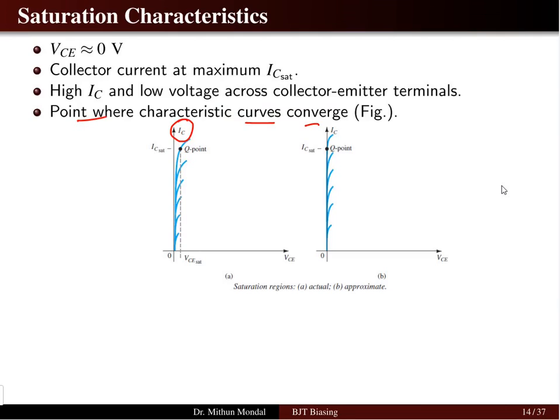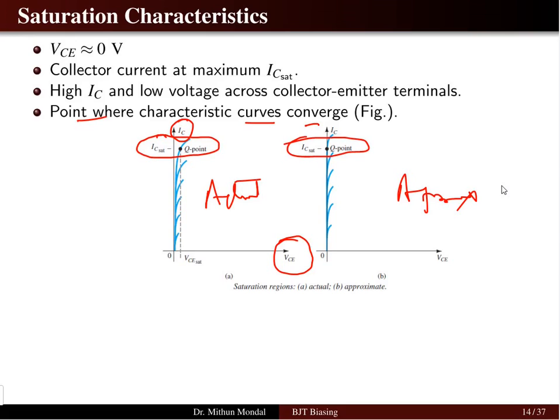For the collector current with respect to collector to emitter voltage, if we draw the regions, this is your actual curve and this is your approximate curve. Where you have the Q point, that is the maximum collector current, the maximum current you have when, practically speaking, the collector to emitter voltage is 0. So with collector to emitter voltage 0, you will get maximum collector current.